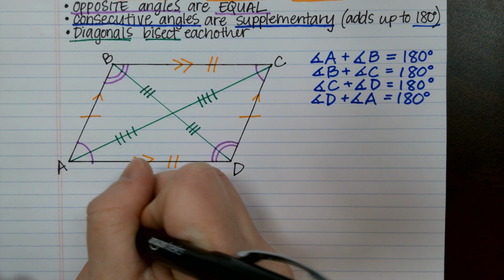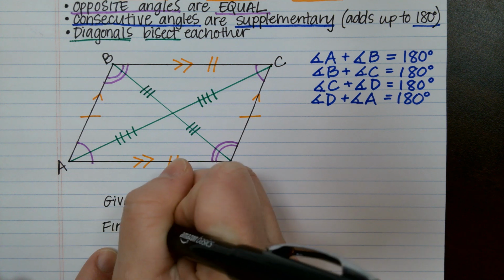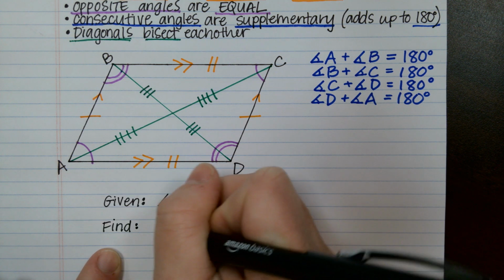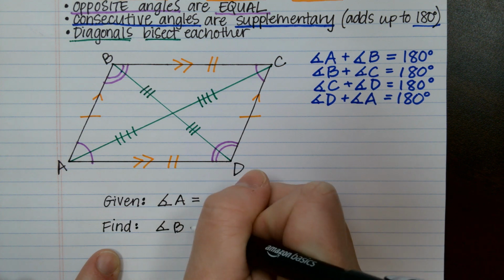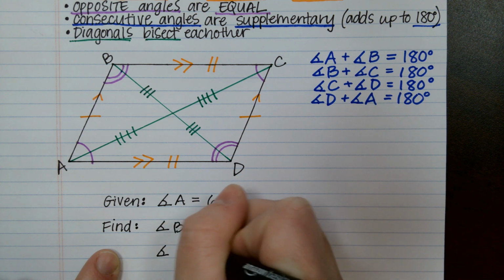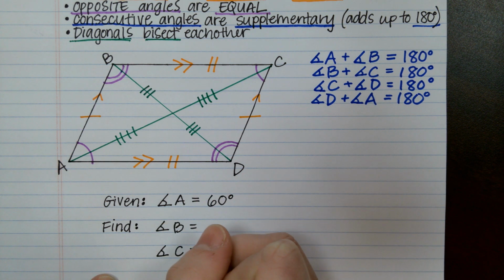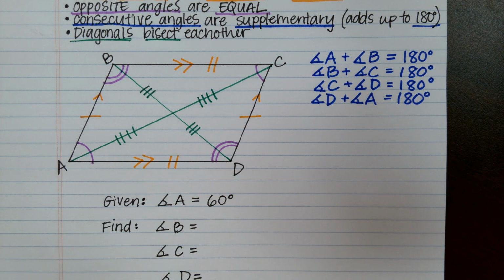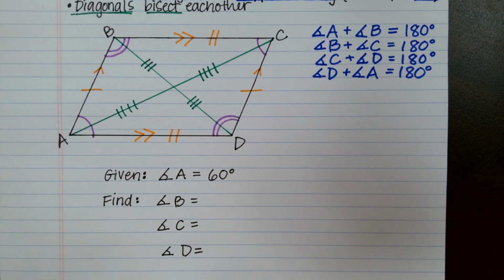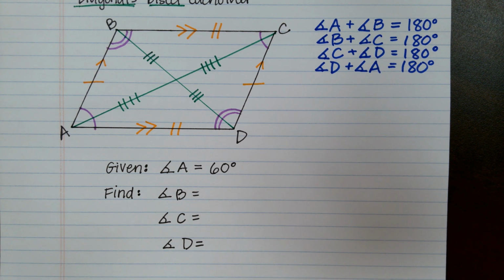I want you then to find the measure of angle B, the measure of angle C, and the measure of angle D. I feel like you know where to start. Okay, I'm going to pause it and let you guys try that on your own for a minute, and then we'll talk about it once you're done.